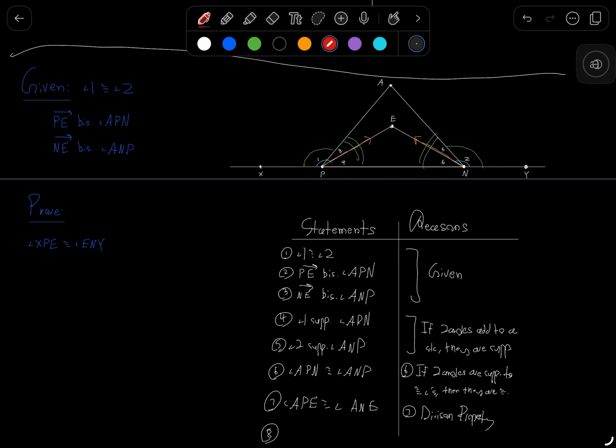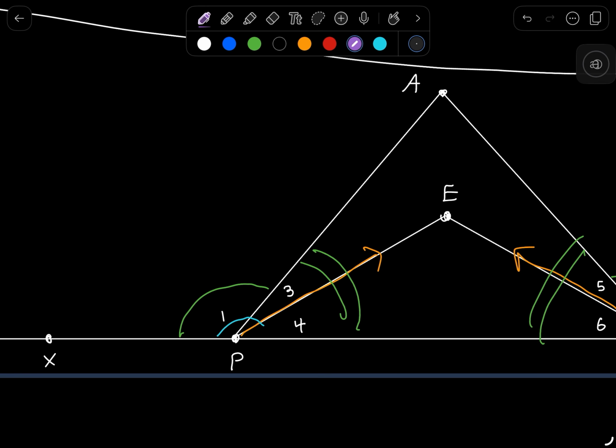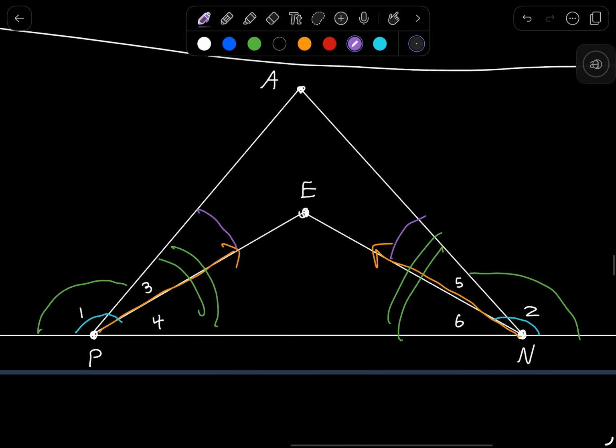If you're not sure why, look, we proved that angle 1 is congruent to angle 2, and we just proved that these two angles here are congruent. Well, if you add these purple angles and angle 1 and angle 2, you'll realize that that gives you our conclusion.